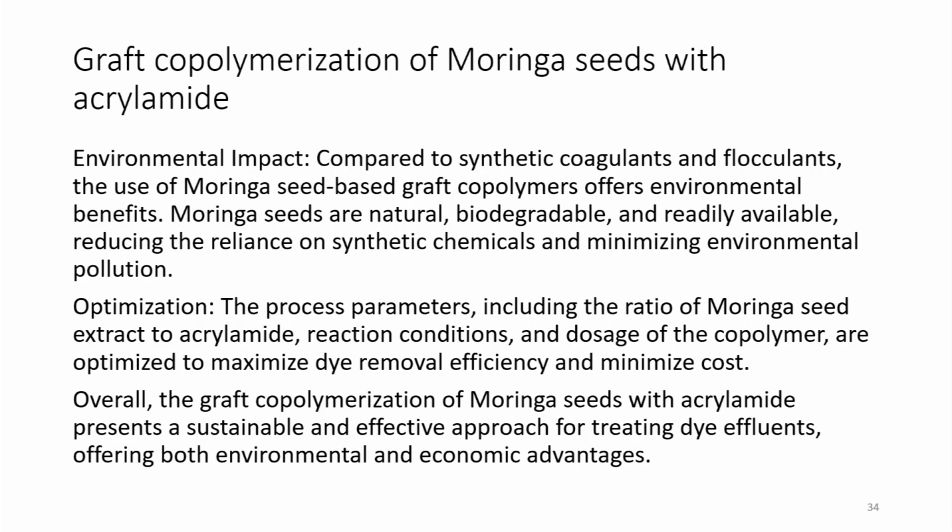So, this particular work that we did with moringa seed making a graft copolymer with acrylamide really worked very well, both for heavy metal removal, particularly chrome 6, which is a hazardous toxin, and the color of the textile effluent.